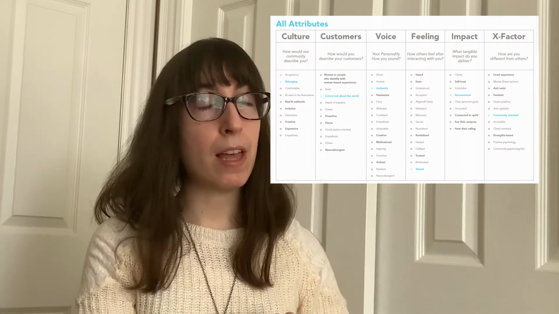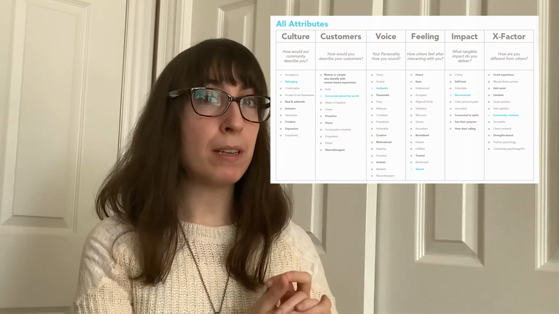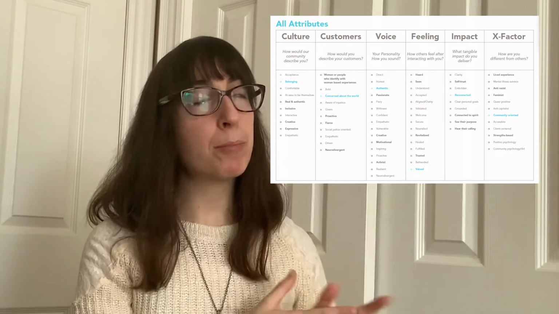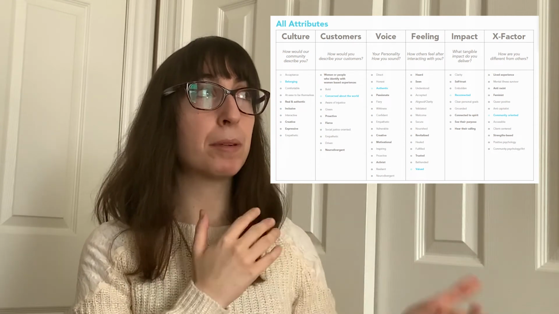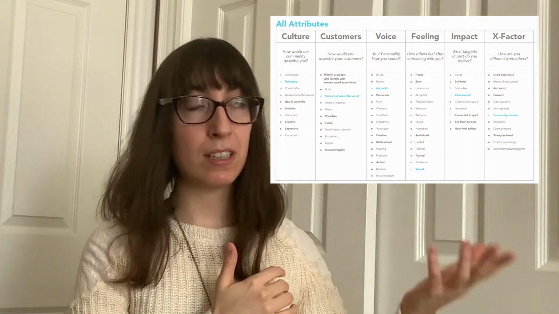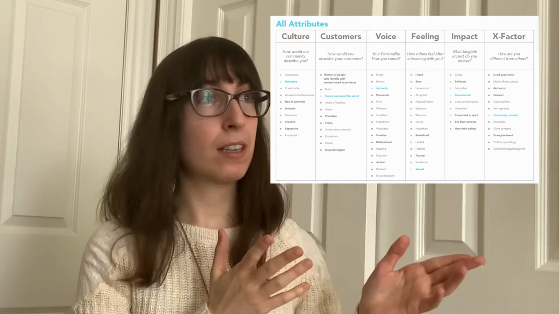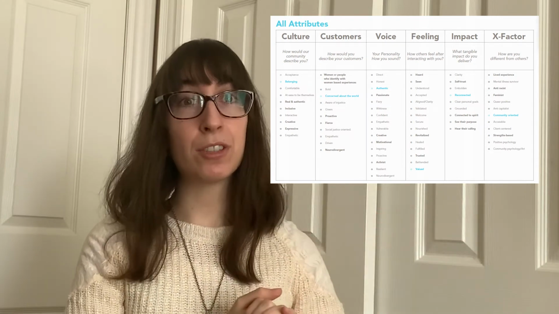How do we want to sound to them? How is our environment going to be, as well as the type of people we want to attract? What are they like? And then on the other side of things, we have to look at our X factor. What sets us apart? What makes us different? And that is huge.